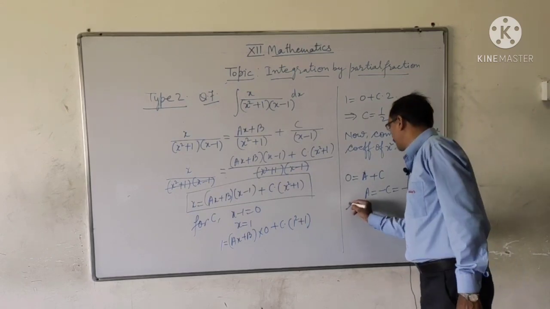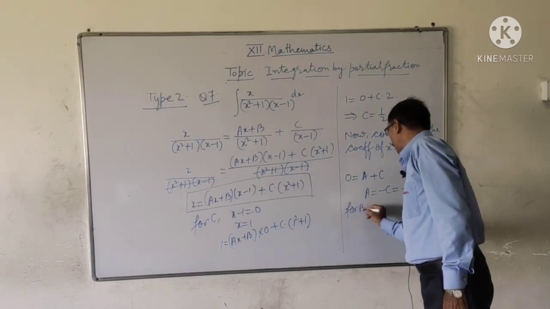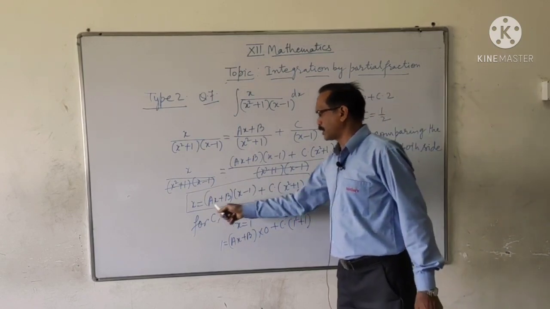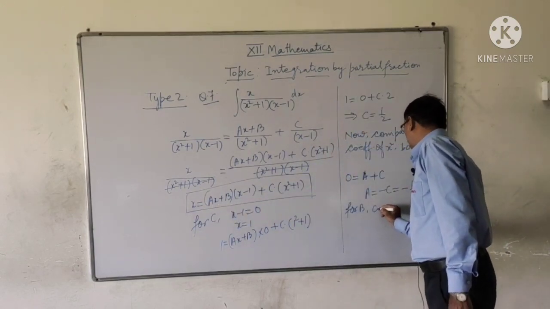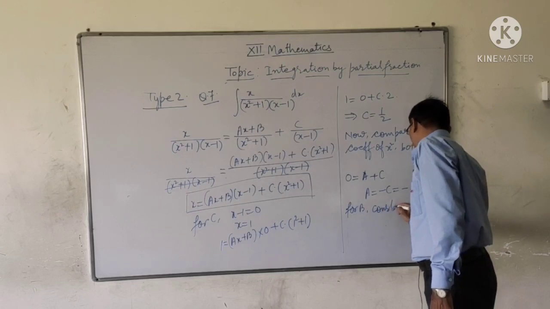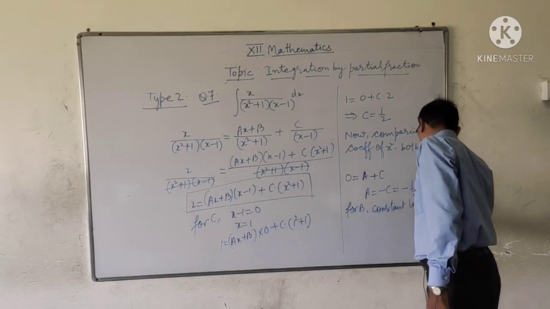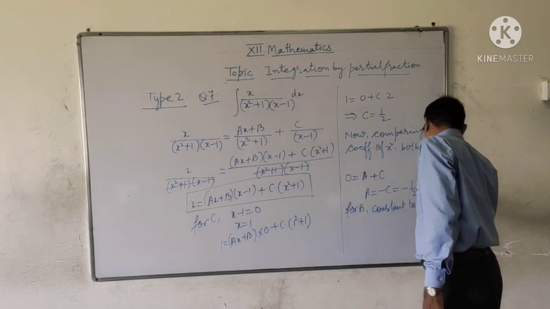For b, take the constant term, taking the constant term from both sides.